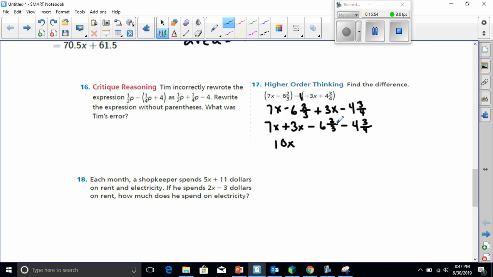Now for the hard part, we're going to take these terms and turn them into improper fractions in order to combine them. We're actually adding them together because they're both negative numbers.